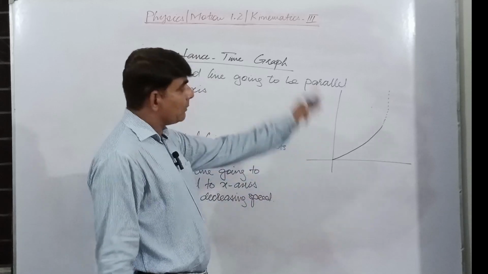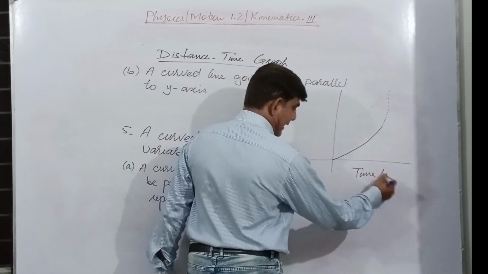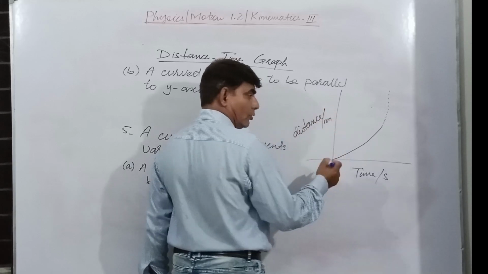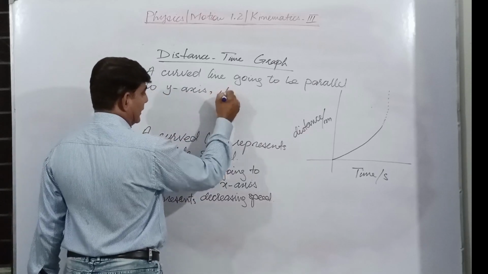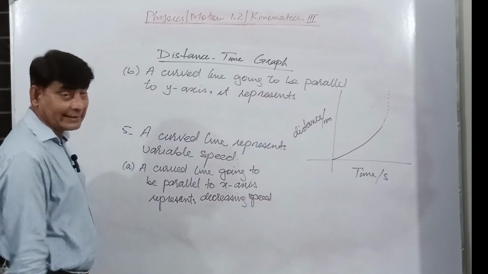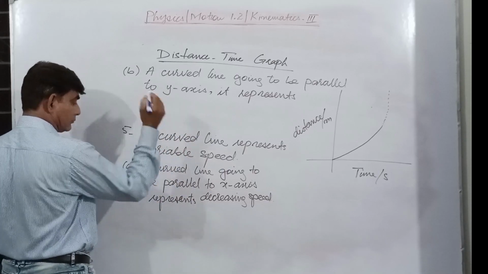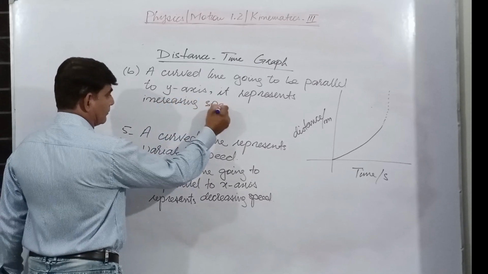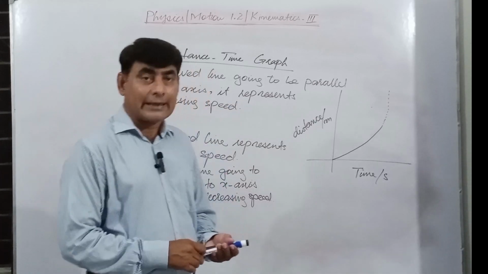Like this, going to be parallel to y-axis. Now this is the time axis in seconds, and distance in meters. So a curved line going to be parallel to y-axis represents increasing speed.